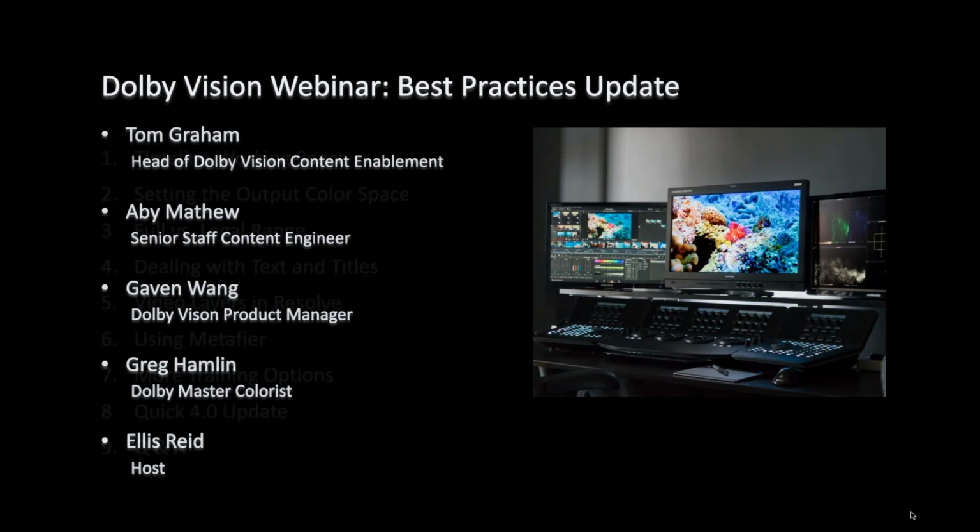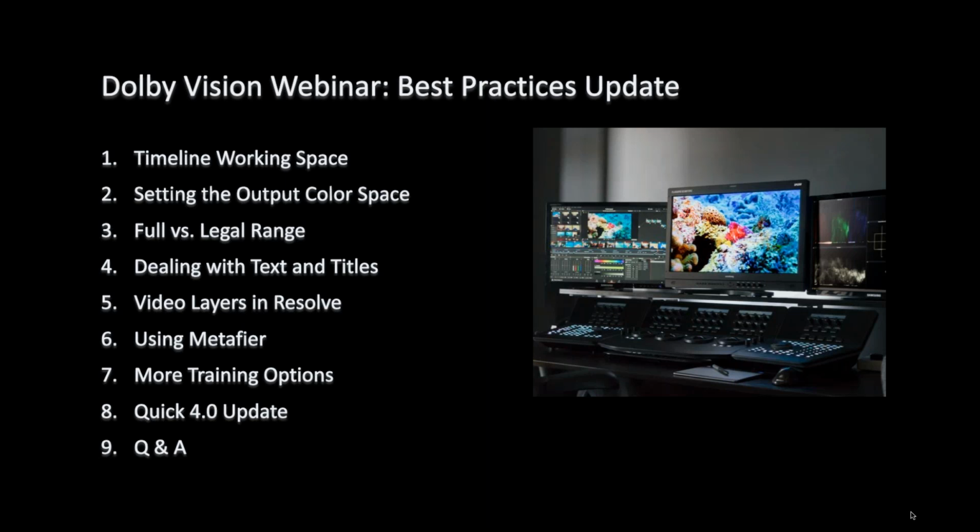So let's look at the agenda quickly. The purpose and the goal for this webinar was to essentially try to cover the most common questions and the most common errors that we see when a post house is creating a Dolby Vision title.